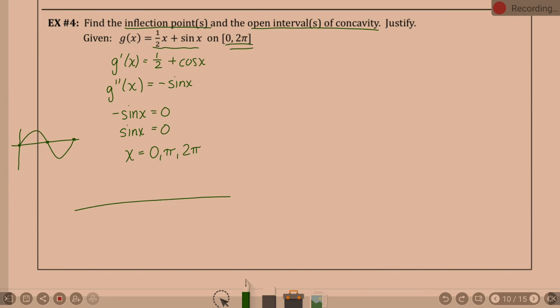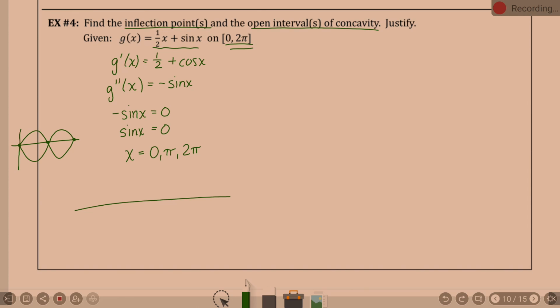When we're talking concavity, that's the graph we're talking concavity of. The second derivative was actually negative sine x, and negative sine x would be valley, mountain. Same inflection point, but not the same concavity. Regardless, the original function is different.